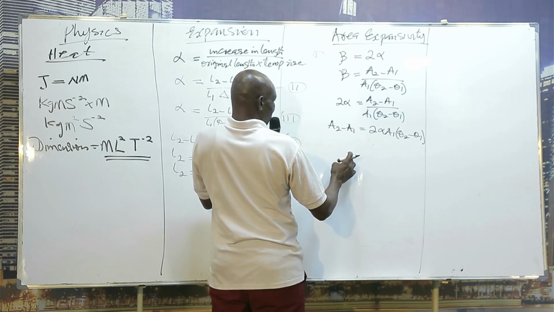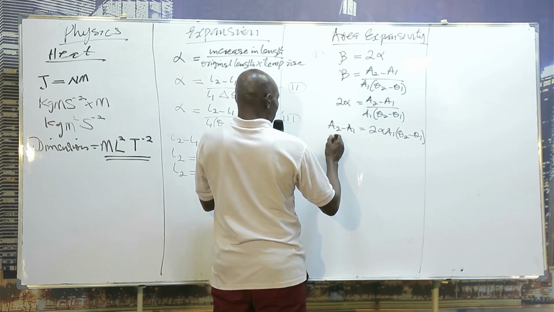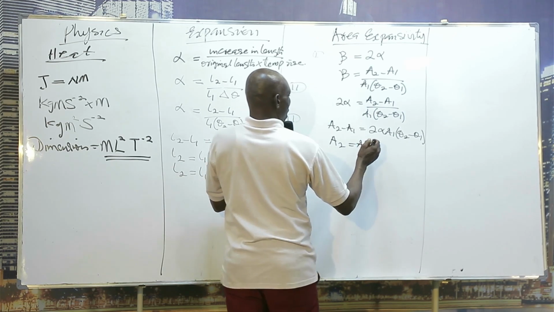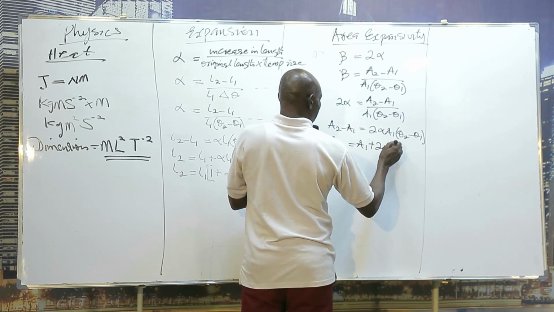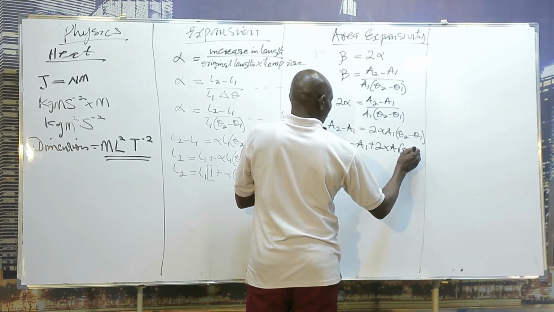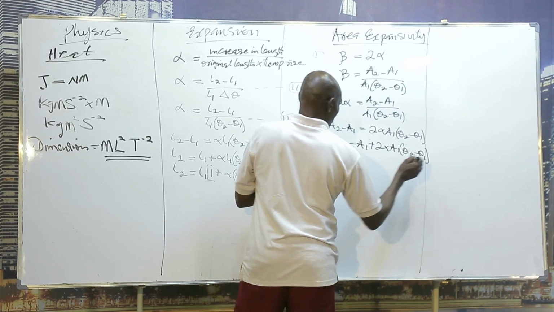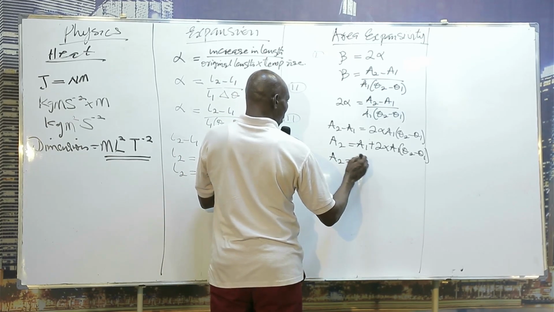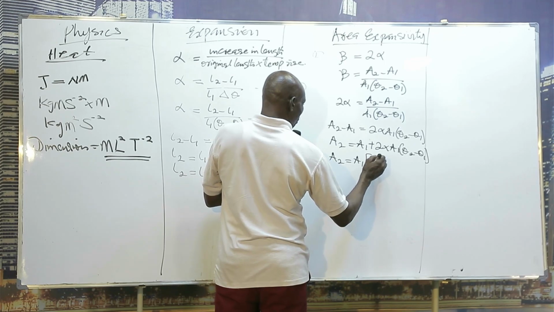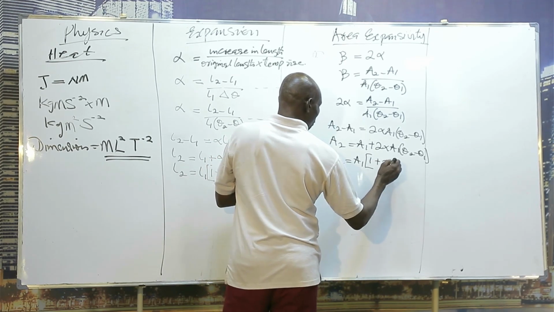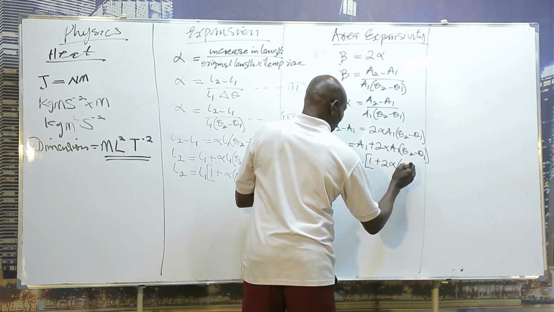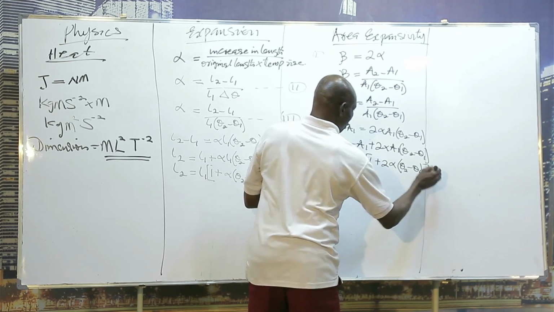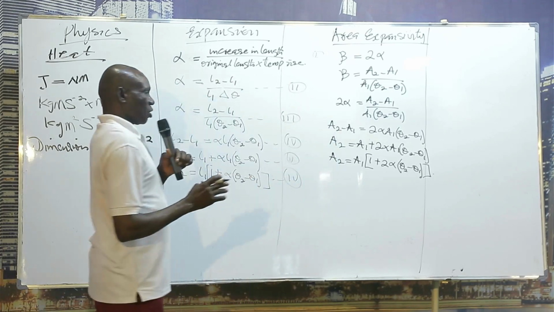But I can still extend it by saying that A2 equals A1 plus 2 alpha A1 into change in temperature. I can still extend it finally to A1 bracket open 1 plus 2 alpha into theta 2 minus theta 1 bracket closed. These are equations.